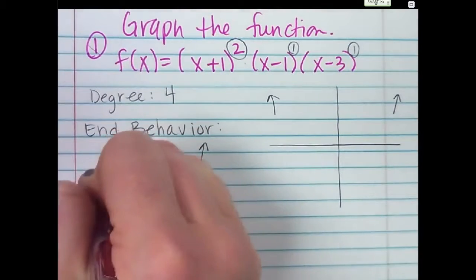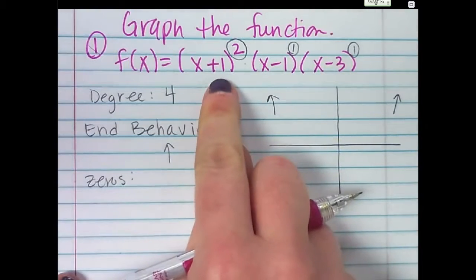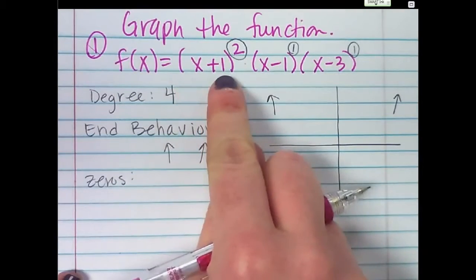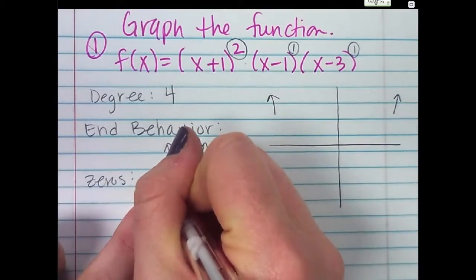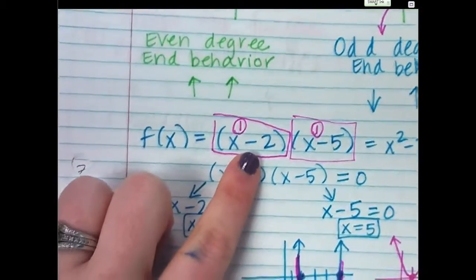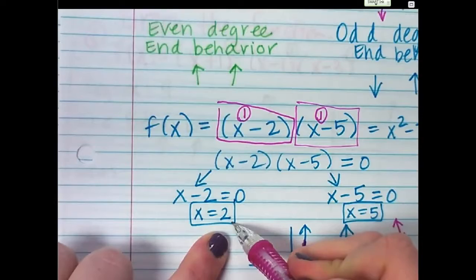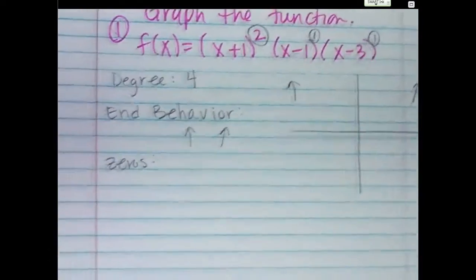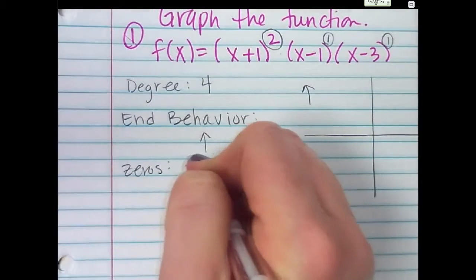Okay, second thing, the zeros. So those just come from up here. If this is x plus 1, what is my 0? Let me go back to this. x minus 2, if I actually solve it to find the 0, I got x equals positive 2. So come back here. If it's x plus 1, it's negative 1. Good.